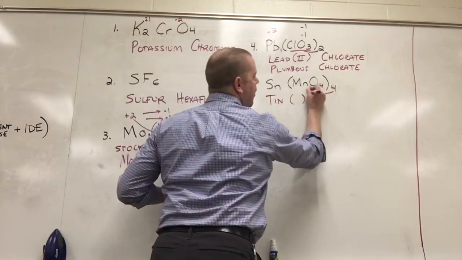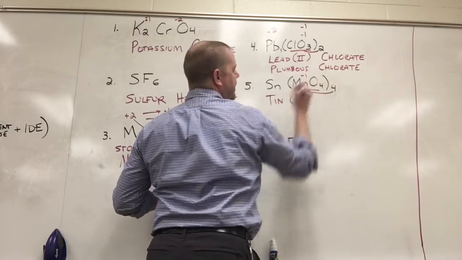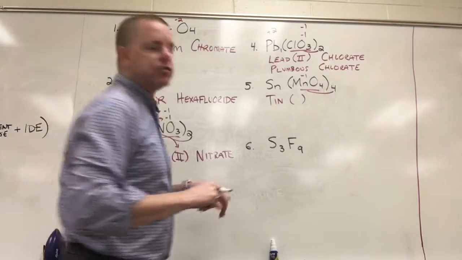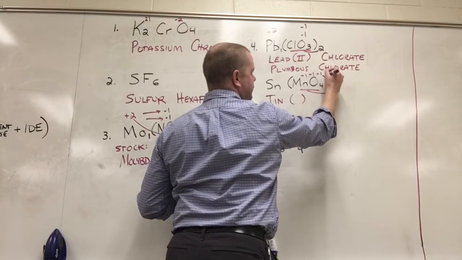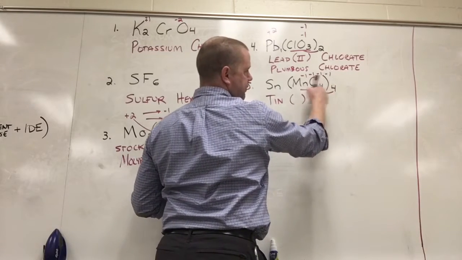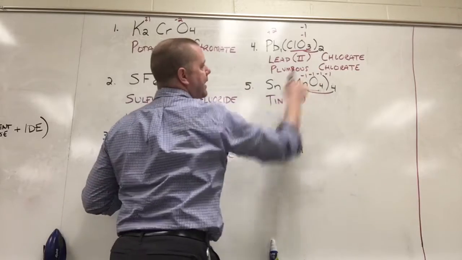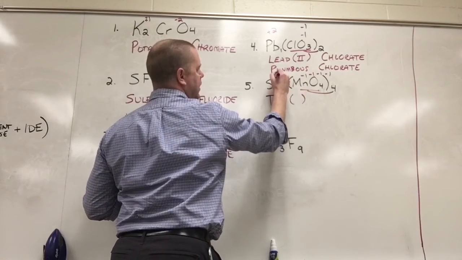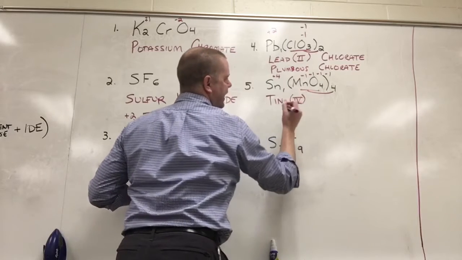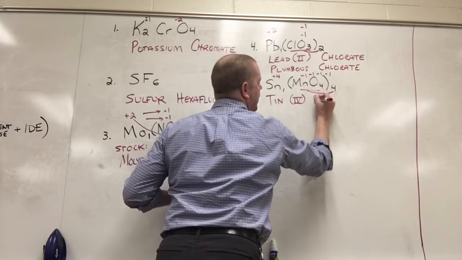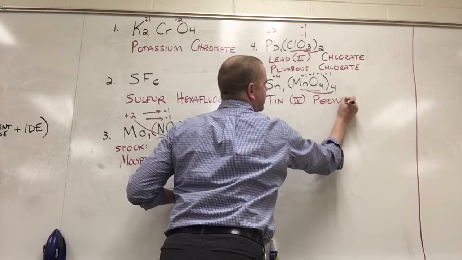MnO4, we have 4 of them, and MnO4 is -1 charged. So therefore, one -1, two -1s, three -1s, and four -1s, because we have 4 MnO4s. That's a -4 charge. My 1 tin is +4. Therefore, this is tin(IV). And MnO4 is permanganate.